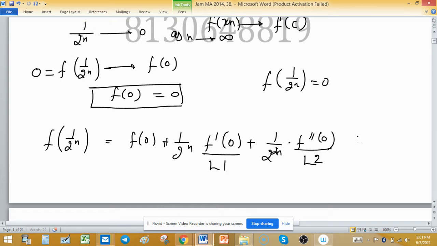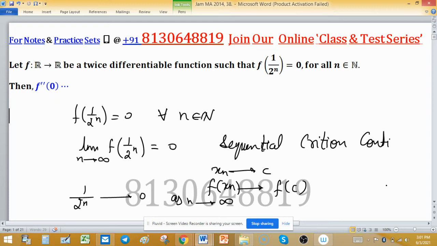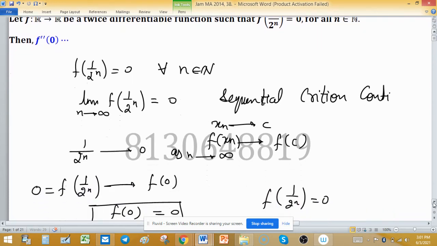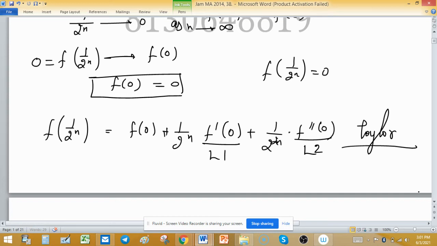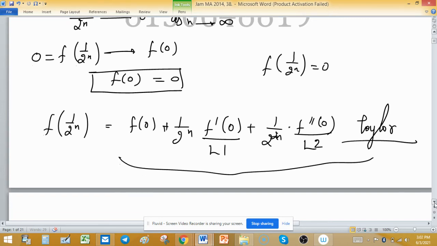We write this using Taylor's theorem, because we need to find f double prime, and f double prime also comes in Taylor's theorem, and using Taylor's theorem we can write any function in polynomial structure. As you can see, these are a few terms in polynomial structure.